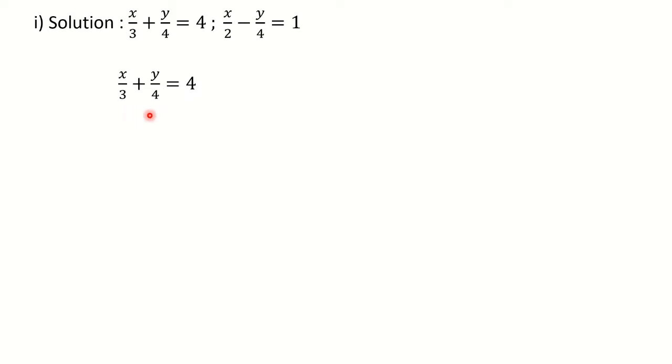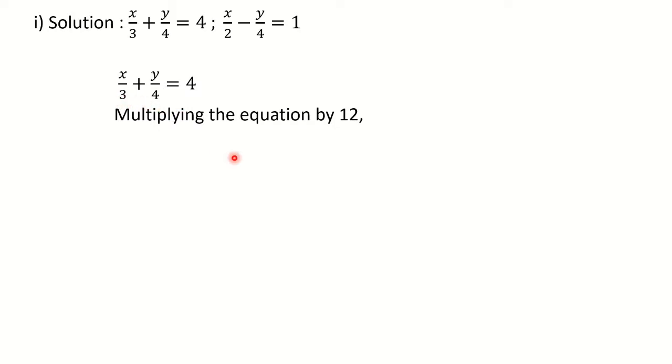So here the LCM is 12. If we multiply the complete equation by 12, then these two denominators will be eliminated. So let us multiply the equation by 12. Understood? Why by 12? Because 12 is the LCM of 3 and 4, the least common multiple of 3 and 4.